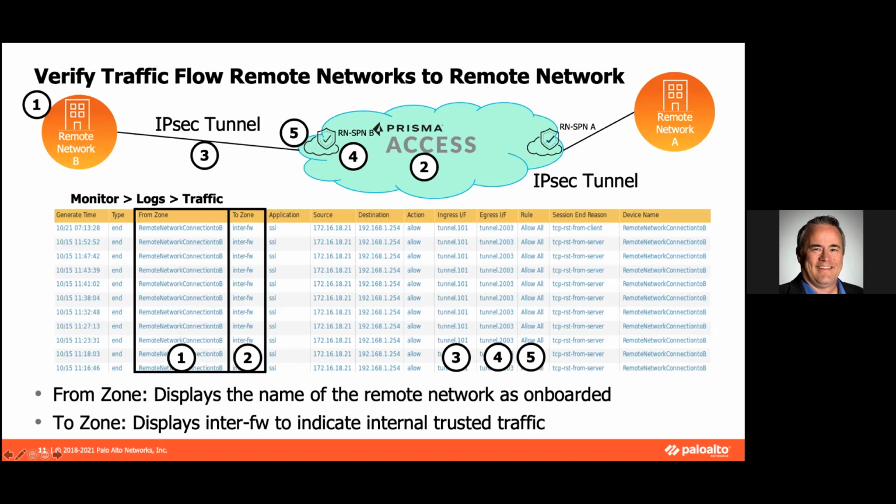So you won't see, even if you have security policy rules with explicit zone names in them, you're not going to see those zone names. For remote networks, you're going to see the remote network name, and it's either going to be internal forwarding if it stays within Prisma Access, or if it's going out to the untrust side of the internet, it's going to show untrust.